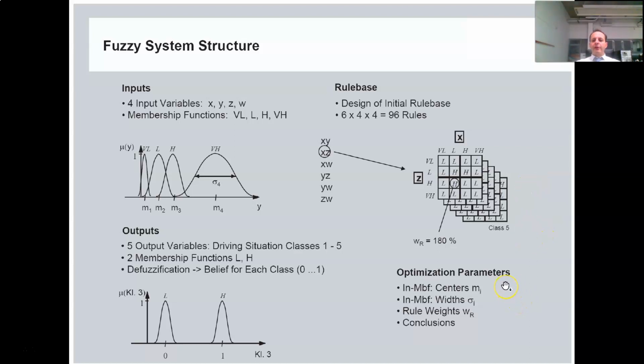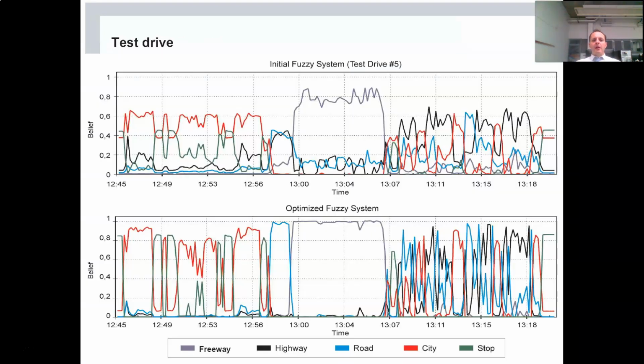And of course, the optimization parameters are represented by the centers of your membership functions, their width, the rule weights, and the consequence.